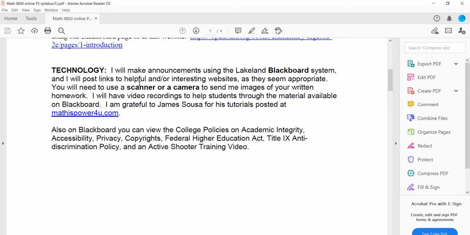At times you'll use graph paper, a straight edge. I tell students that's why Lakeland gives you a student ID card, is you can use that for a straight edge, or credit card or driver's license would work. But you're going to want a scanner or a camera to send me images of the homework, and I'll show you how you do that on Blackboard.